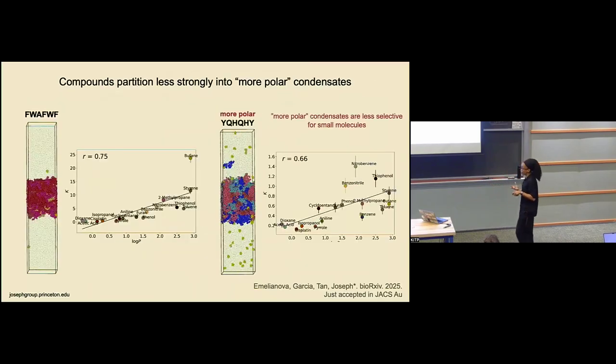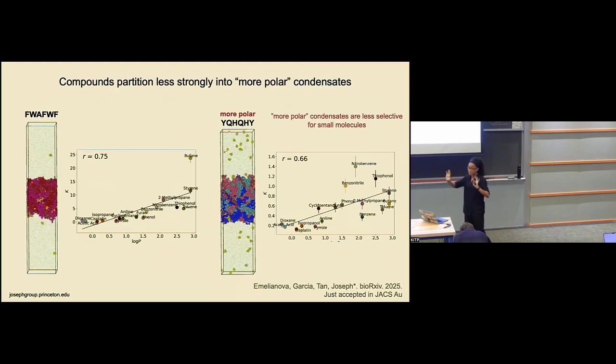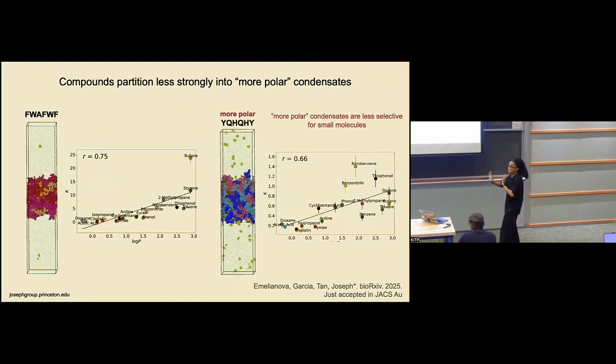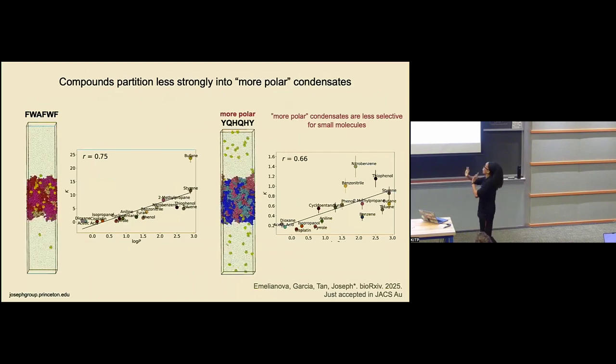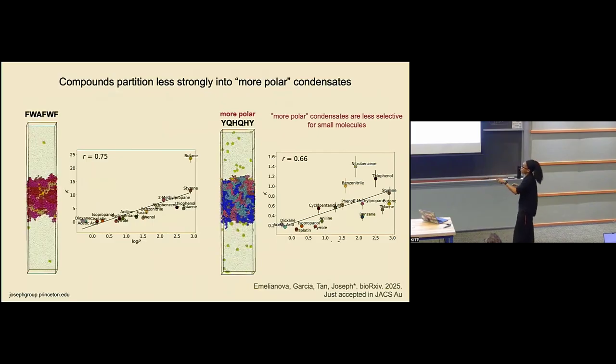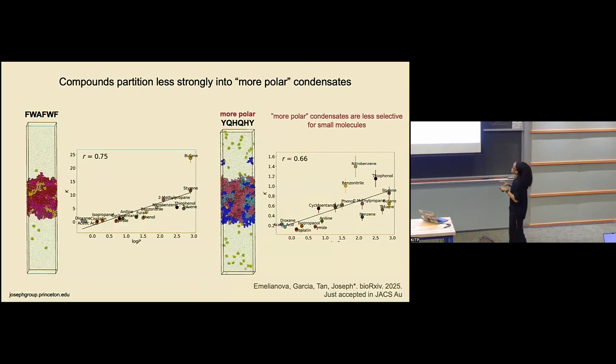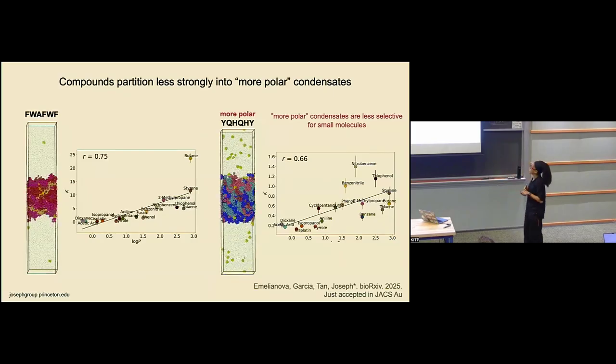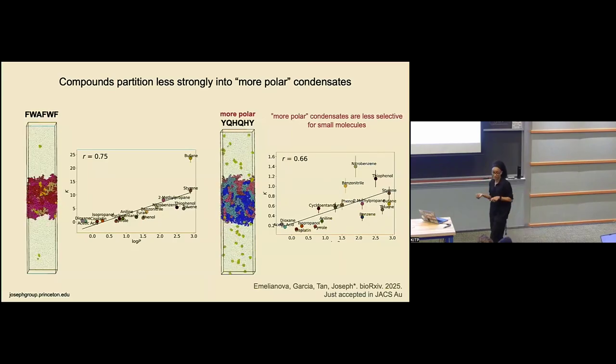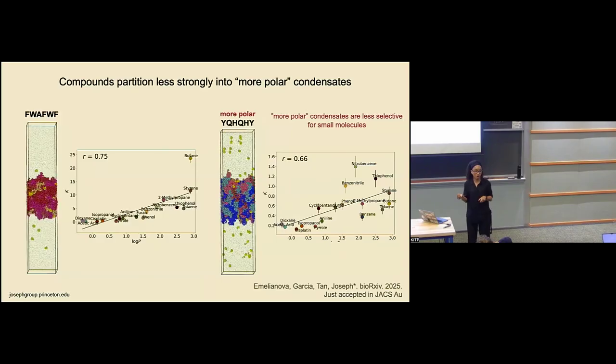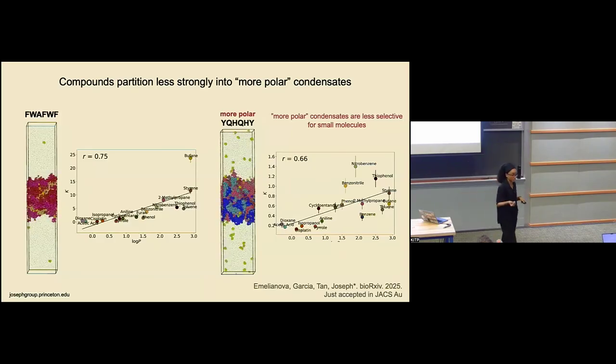And so because we have these varied environments that we're looking at, we can ask how this relationship changed from one environment to another. So if I swap out this peptide for this one, and I look at the same set of small molecules, and I look at how the partitioning varies as a function of the small molecule hydrophobicity, we see here that we have a less strong dependence of the small molecule hydrophobicity on partitioning, right?